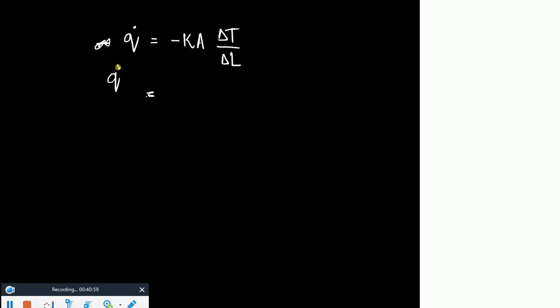If I say that Q dot over, yes, delta T by delta L, I want to look at it as synonymous to this relation, V equals IR. V equals IR, a popular relation, you remember that, a famous one. What is that? Ohm's law. Yes, Ohm's law.